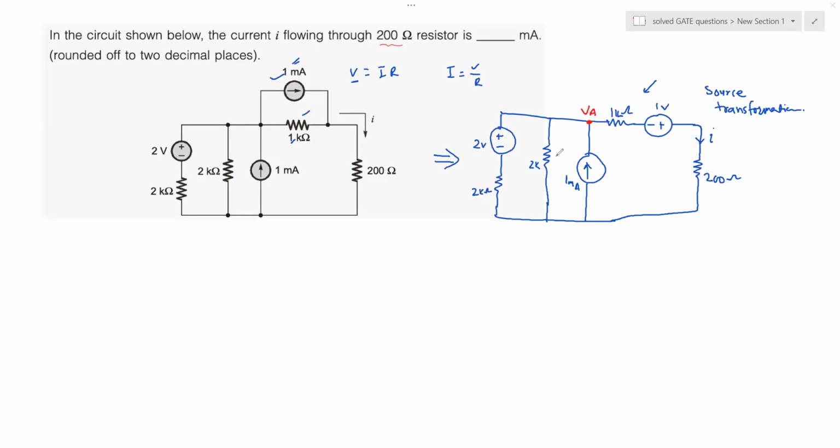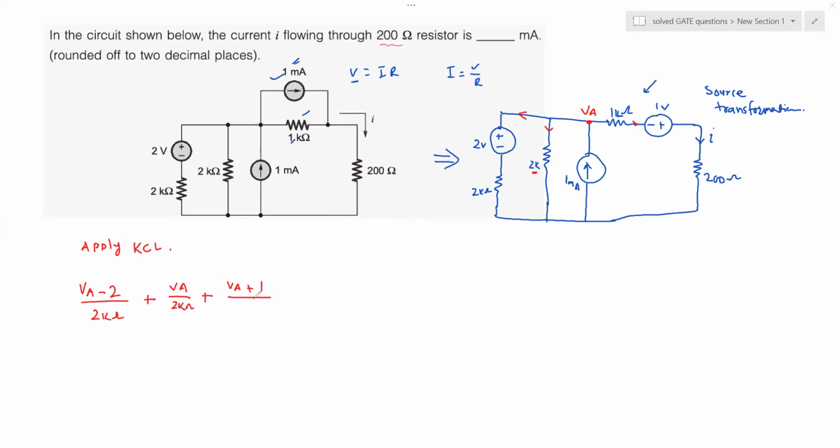Then at this node, we will apply KCL, Kirchhoff's current law, which says that (VA minus 2 volts) divided by 2 kilo ohm, plus VA divided by 2 kilo ohm, plus (VA plus 1) divided by 1.2K, because there is a negative sign here.